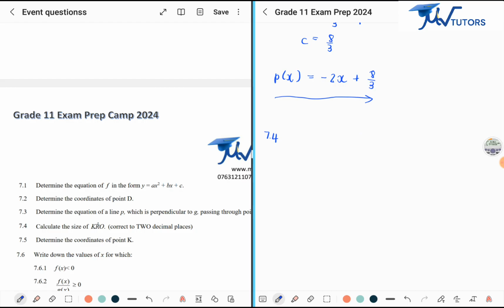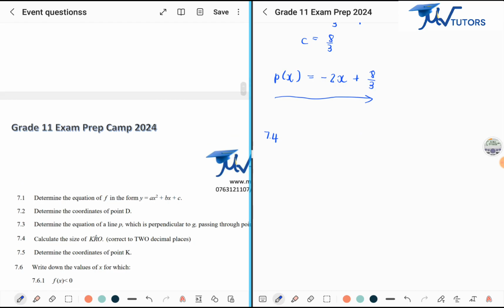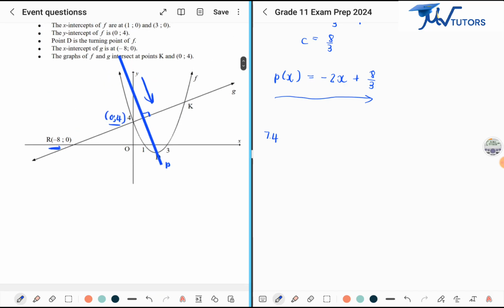Now 7.4. Calculate the size of KRO. So we want the angle of R. Let's just highlight it, KRO. So basically we're looking for this value over here, theta.